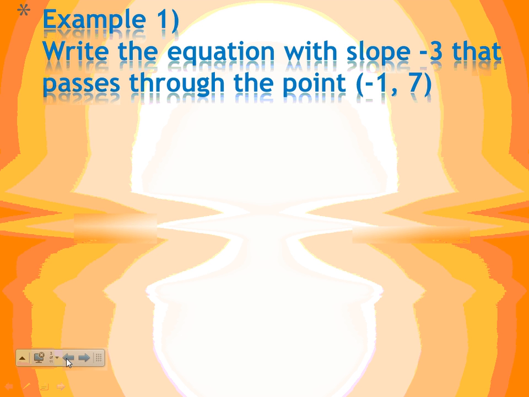So tell me, what have I been given? -1. So I've been given a point, and I've been given the slope. So here we go again: point, slope, point, slope. Oh, so we're going to use the point-slope form because I've been given a point and the slope. Does that make sense?